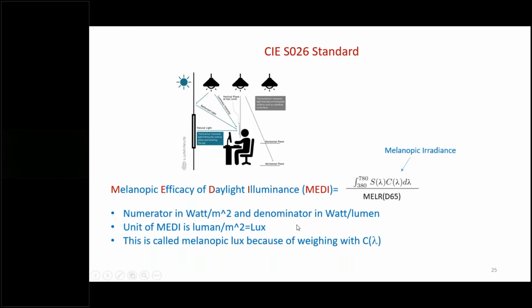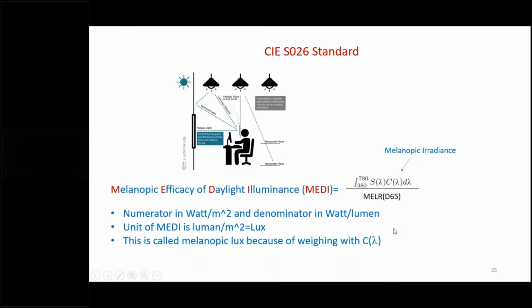The denominator is in watts per lumen, and therefore the watts will cancel and you get the unit of this as lumen per meter square, which is lux. So this will be the melanopic lux. This is the amount of melanopic illuminance that you would receive. And it is because of this weighting function with D65.